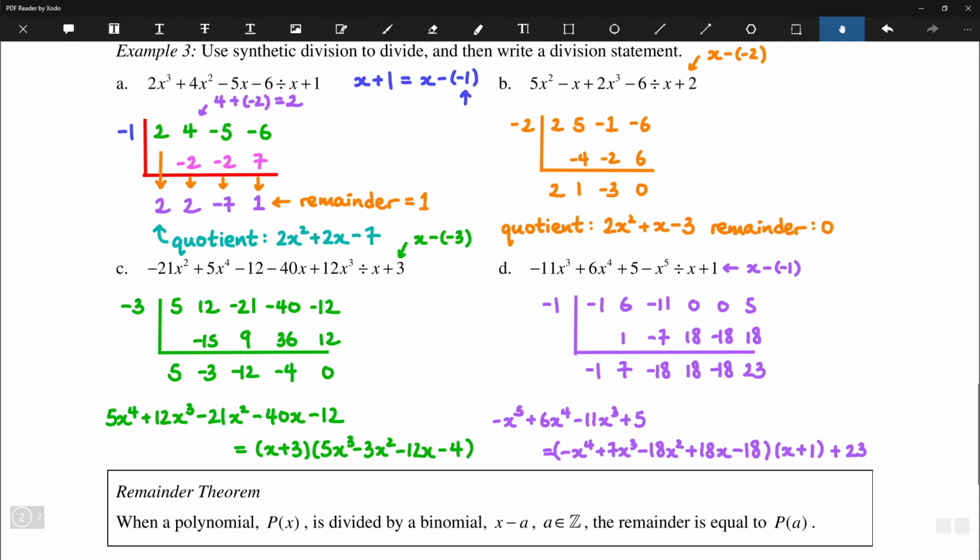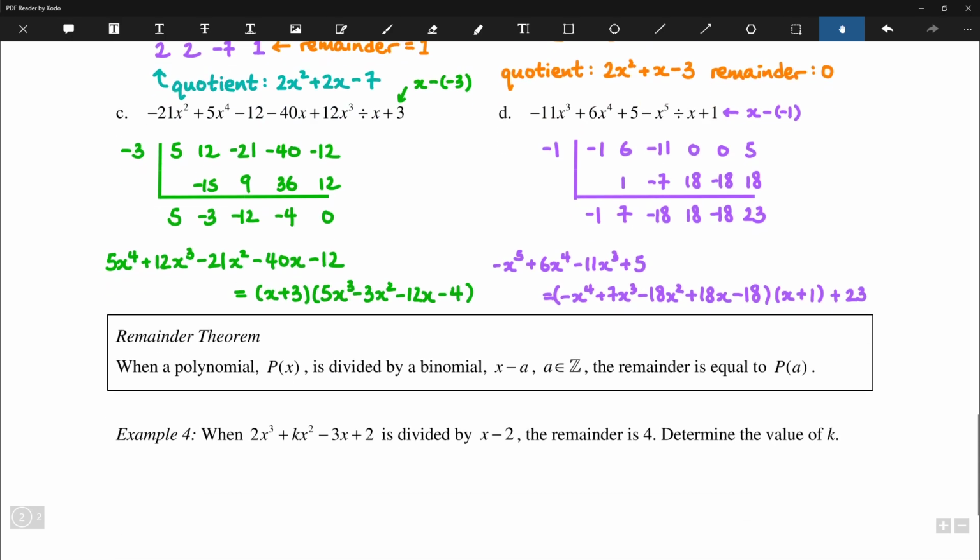Alrighty. So we've looked at long division and also synthetic division now. Just a quick note about the remainder theorem. This will be useful in the next section, so I'm going to go ahead and mention it now.